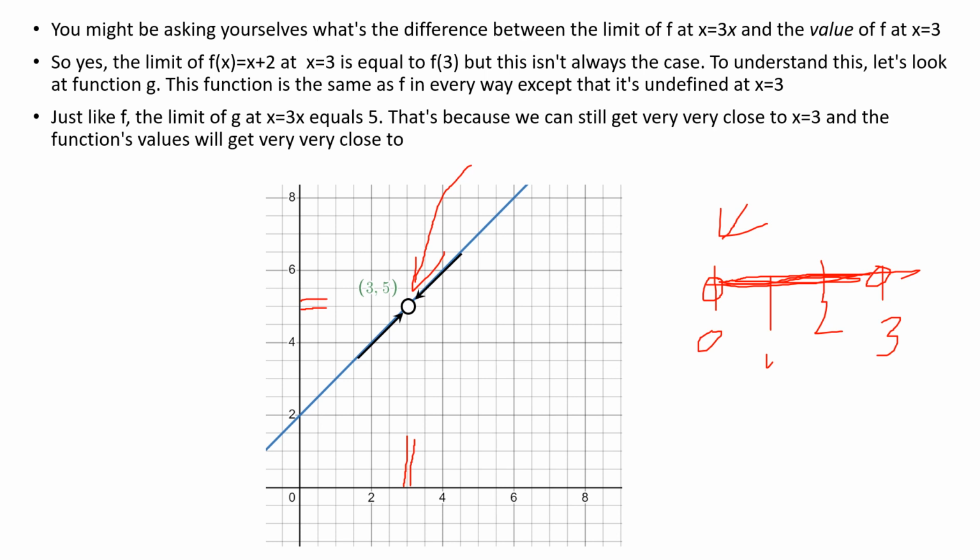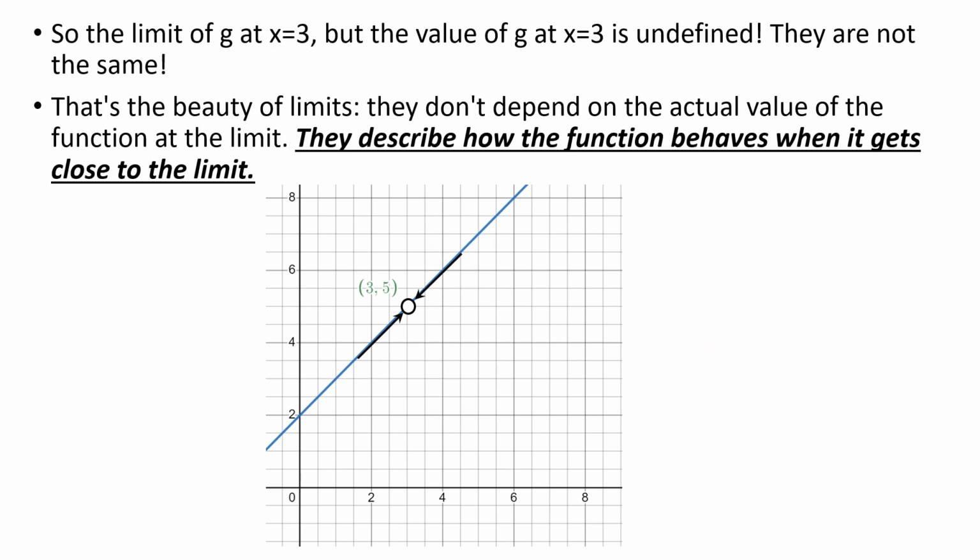So we're getting very close to 3, but not 3. And notice I have an arrow going from below it, right here, and above it. When my equation might be f of x equals x plus 3, but where x is 3, it's undefined. It does not exist at 3.